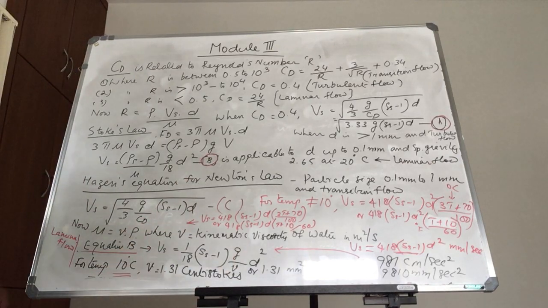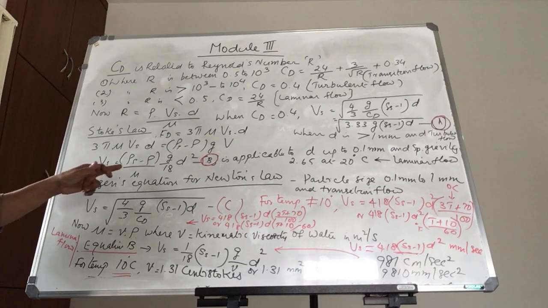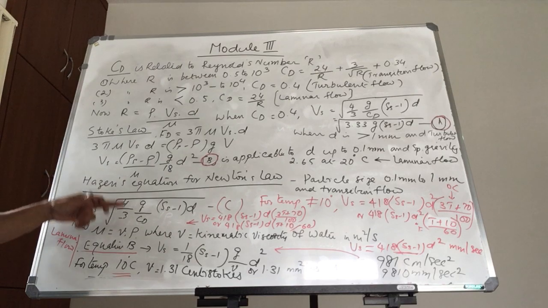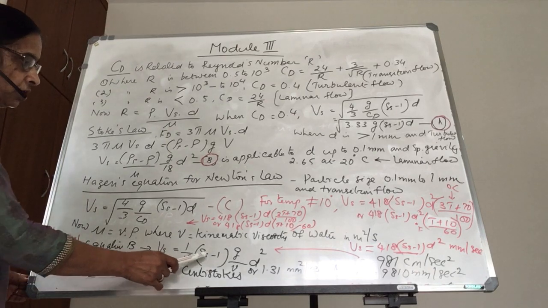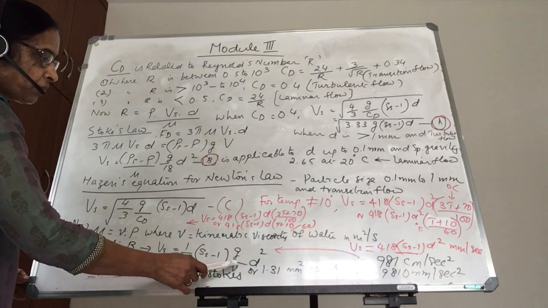That is the equation you get. So in equation B, instead of mu, we are writing nu into rho, and then we get Vs equals 1 by 18 into (Ss minus 1) into G by nu into D squared.